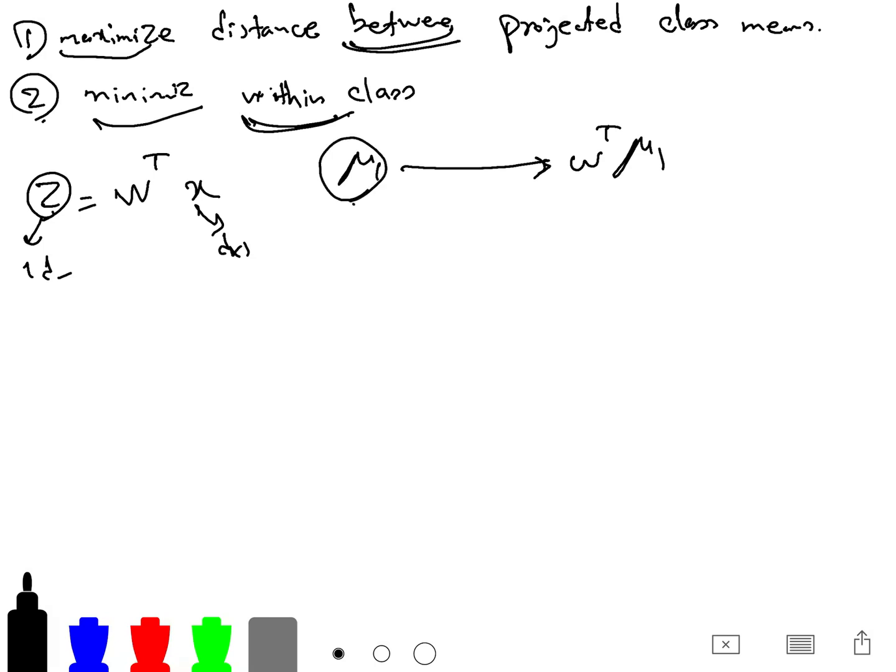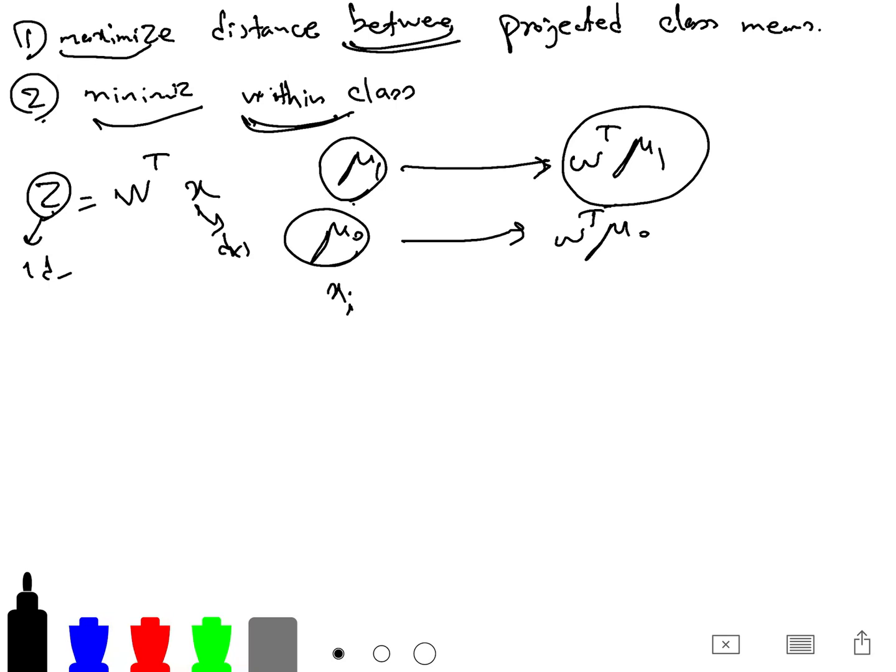The mean in the transformation is easily seen to be this. The same holds for the mu0 class. Not only are the means transformed like this, the points are also projected like this. And we also know that the covariance of class 1 changes quadratically. So in this space it is this.